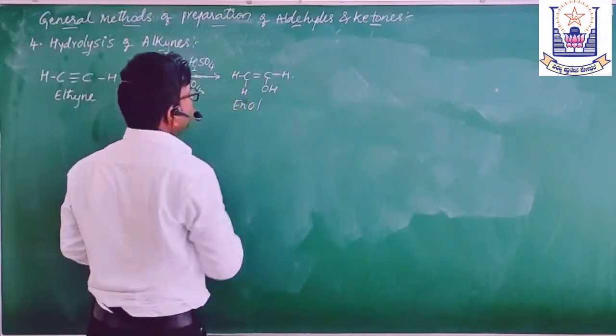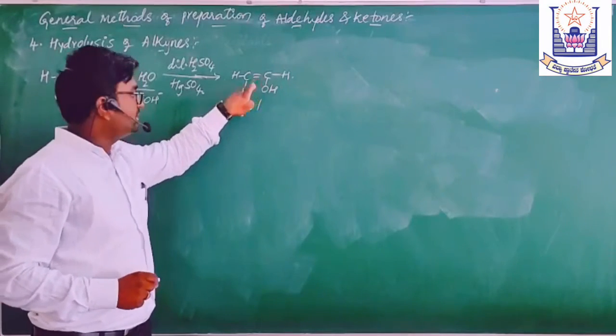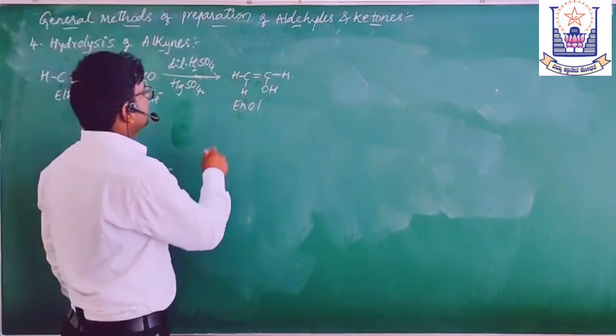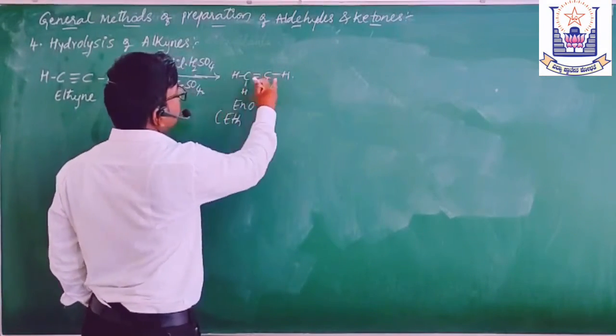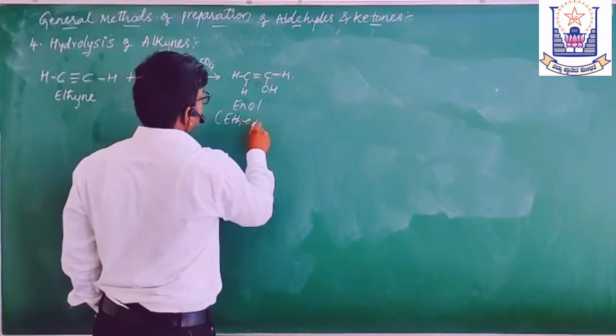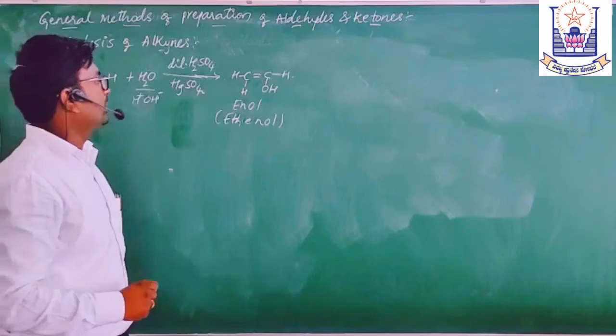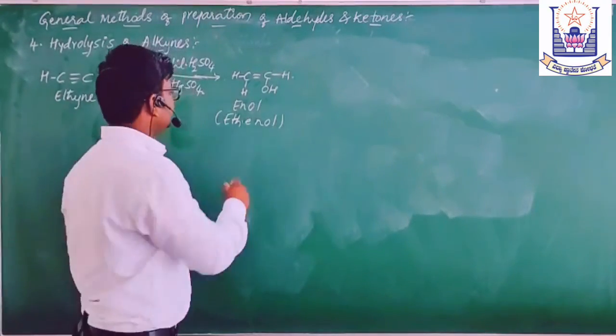Why? En means double bond, you have C double bond C, and ol means OH. This is ethenol. This is an unstable compound.